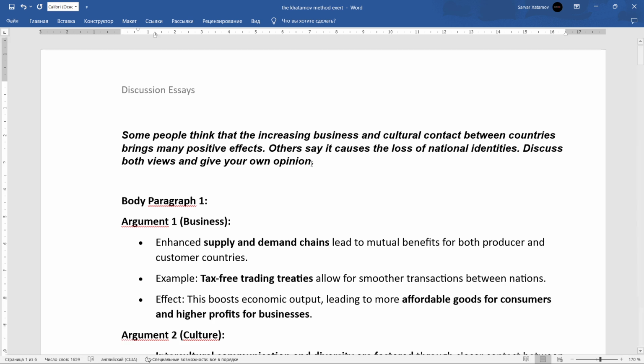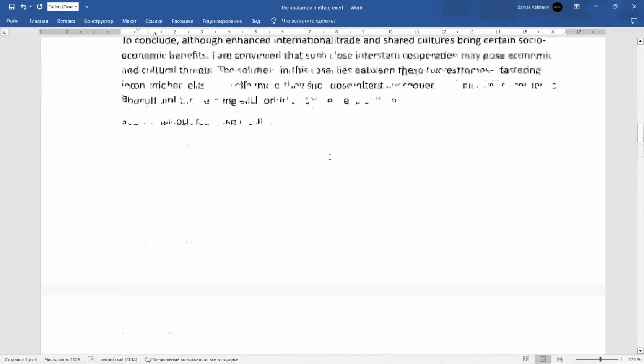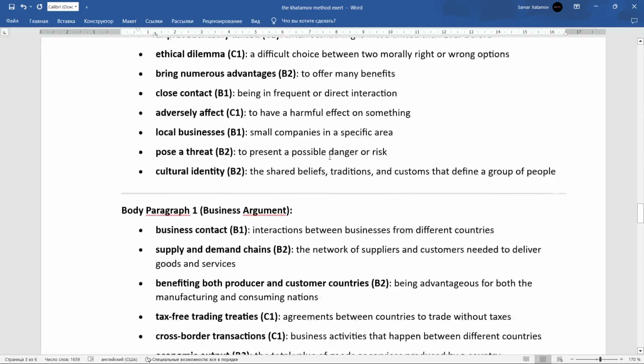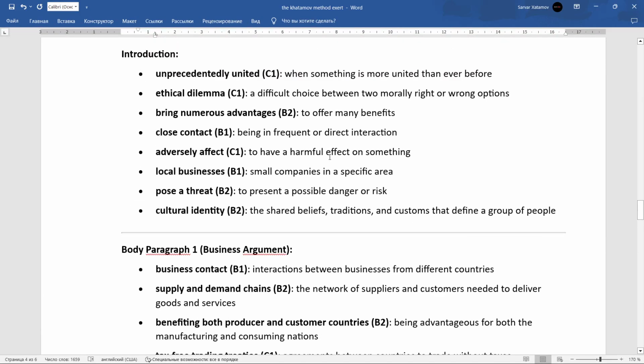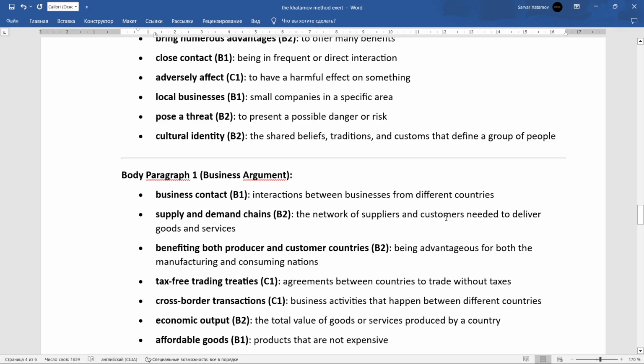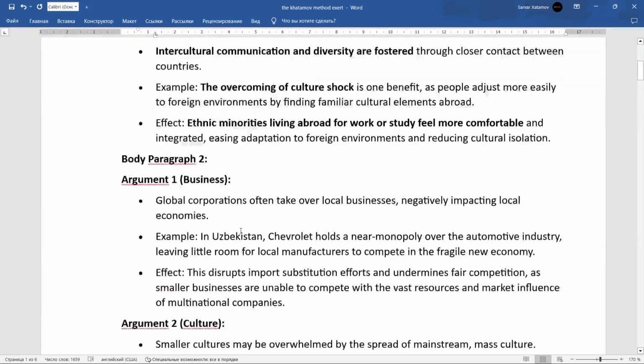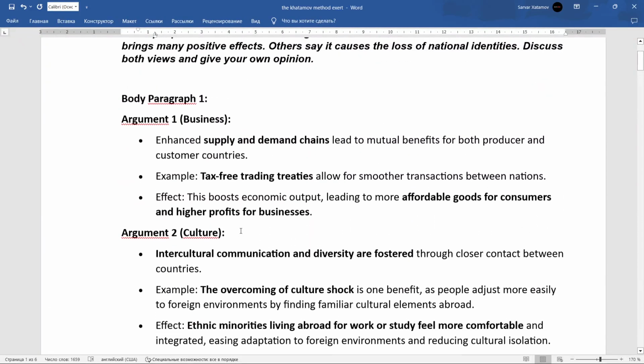So my argument one is enhanced supply and demand chains. Supply and demand chains is actually here in the vocabulary section. Supply and demand: the network of suppliers and customers needed to deliver goods and services, right? In Uzbek, we call it talab va taklif, if you are really good at economy, right?